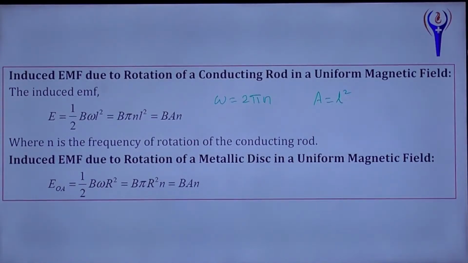And induced EMF due to rotation of a metallic disc in a uniform magnetic field is B omega R squared. Instead of L, we use R. So B omega R squared equals B pi R squared N, where A equals pi R squared. Here A equals pi L squared, and there A equals pi R squared.